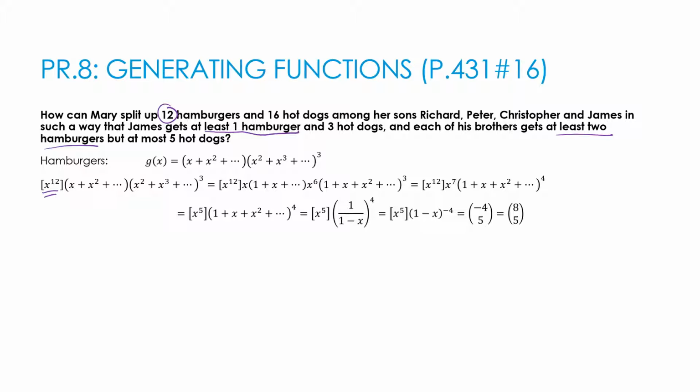So if you'll notice, this guy is James. He starts with 1 hamburger. This is all 3 of the other brothers. They start at 2 hamburgers, and there's 3 of them. From here, we're just going to utilize the fact that we really want that first value to be x to the 0. So I'm going to factor 1 x out of this and 2 x's out of each of those.